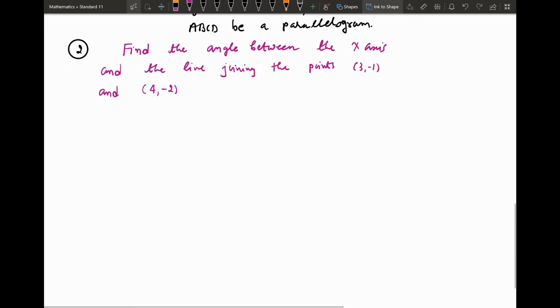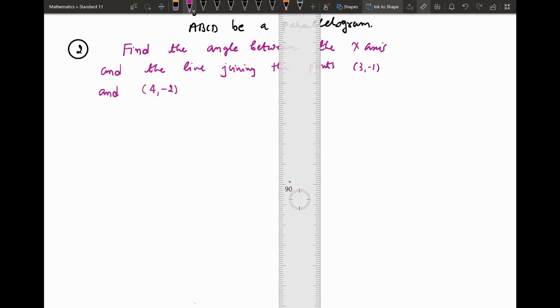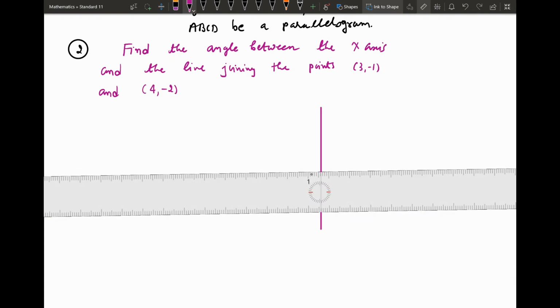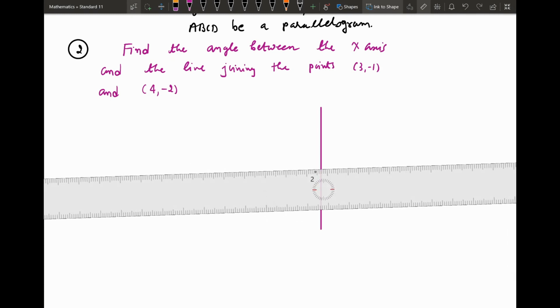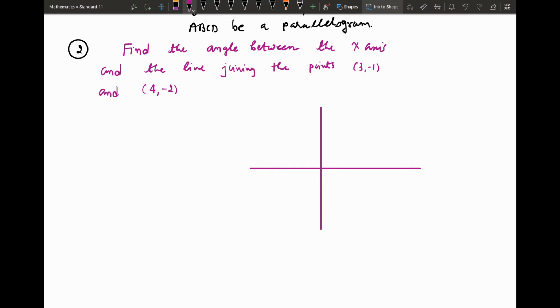Now to find this angle we will use this result: suppose this is the x-axis and y-axis, if a line L makes an angle theta with the positive direction of the x-axis, then the slope of L equals tan theta.